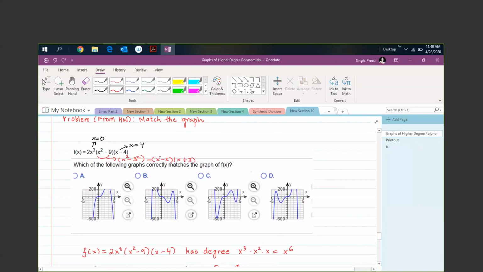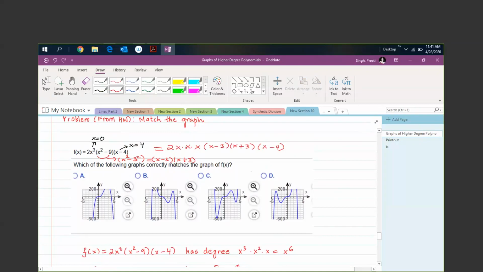So if I want to write this in the linear form, I can rewrite this polynomial as 2 times x times x times x, that's my x cubed, times x minus 3, x plus 3 times x minus 4. This is my polynomial, first of all, written in the linear form.